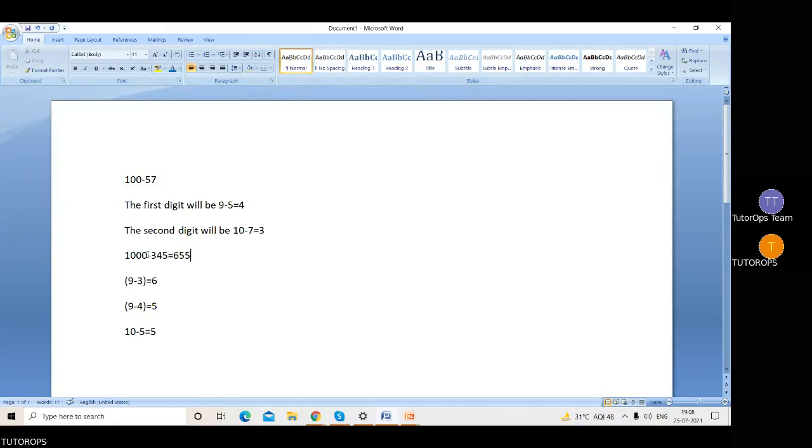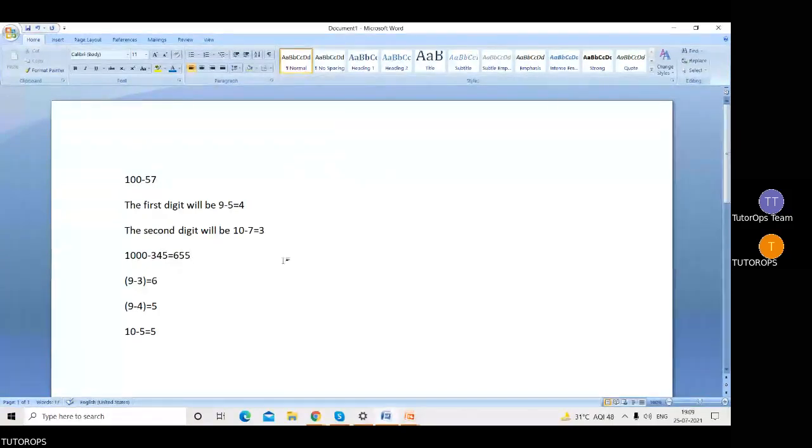We are just checking the second number, breaking it, taking all digits except the last one and subtracting them from 9, and subtracting the ones digit from 10. So in this method, we don't need to check for 100,000, 10,000, etc.